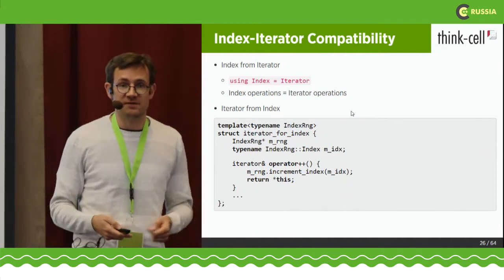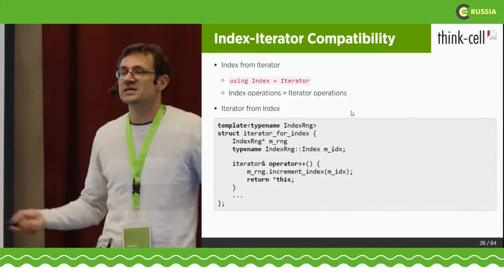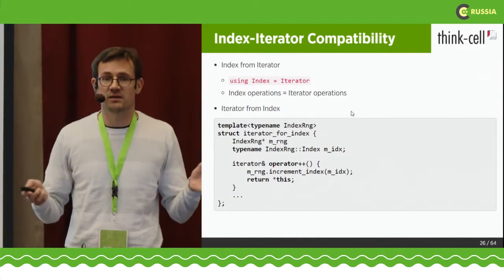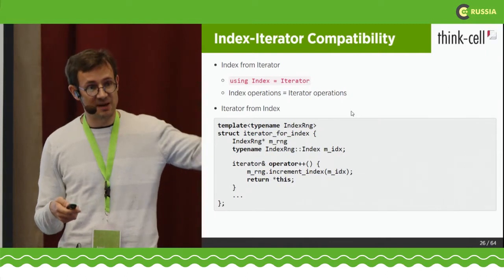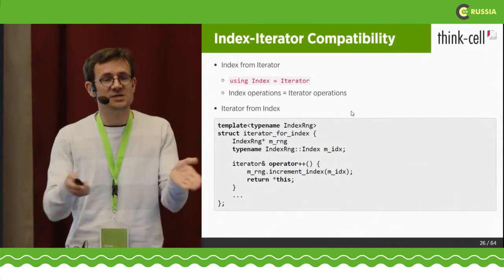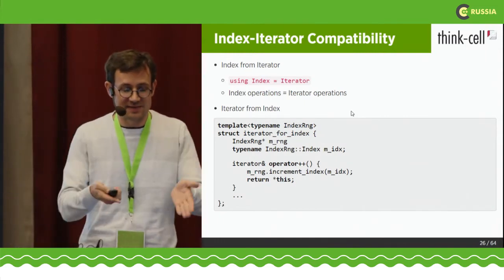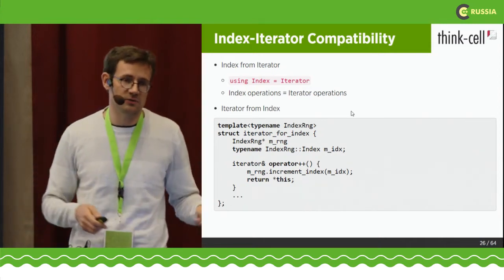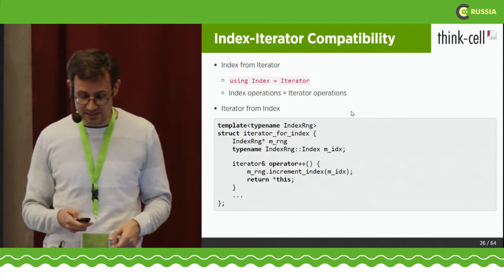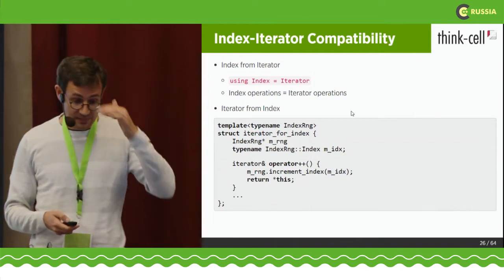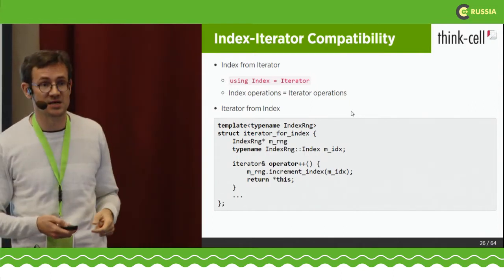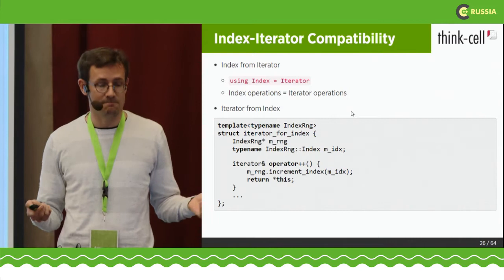Now, the other way around, if you have an index and you want an iterator, that's also pretty easy, because any index you have, you can always wrap generically into an object that holds a pointer to the base range and aggregates the index. And that you can do for any index that is out there. In fact, that's what's happening in our code. Our user code is still written with iterators just like before, even if underneath we use something else. And now the question is, well, okay, now we can introduce these indices without too many compatibility problems with past code, but how do they help?